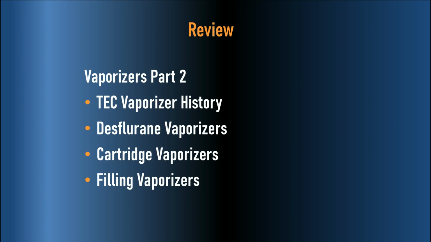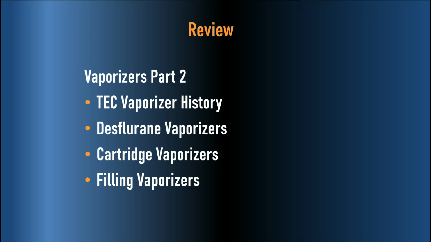Let's review this tutorial. We started with a discussion of modern vaporizers, and I specifically went through the different generations of TEC devices. We then discussed why Desflurane was different. Desflurane boils more or less at room temperature, hence the vaporizers need to be heated, they need to be pressurized, and the vapor is directly injected into the fresh gas stream.